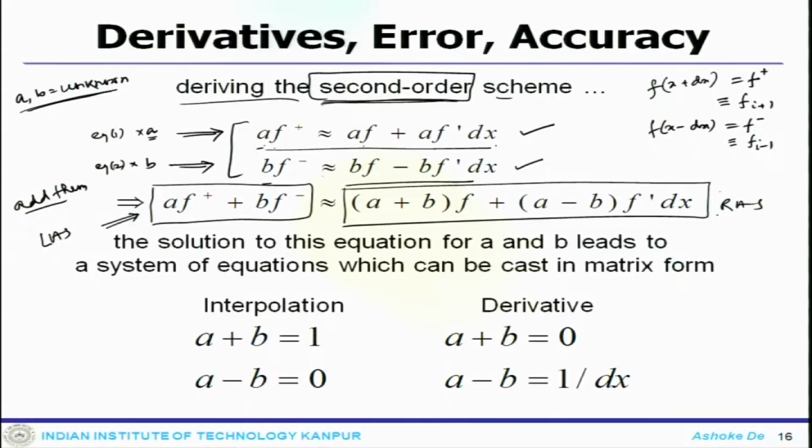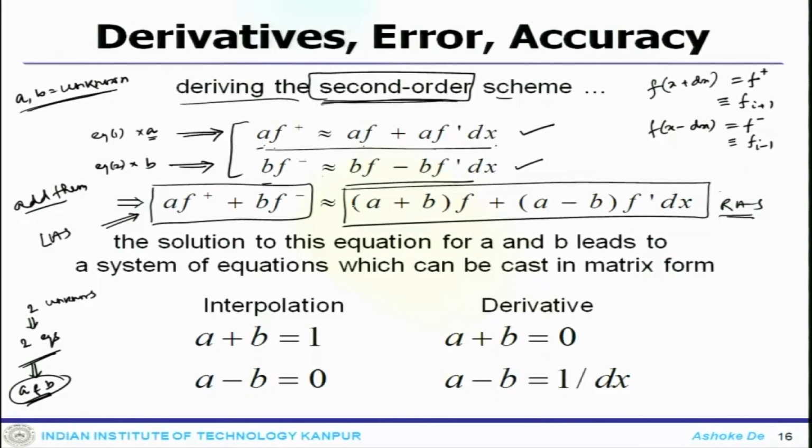Now from this particular expression, I can actually devise the system of equations. I have two unknowns, so I need two equations, then only I can solve for A and B. So, from this particular expression you can devise that.